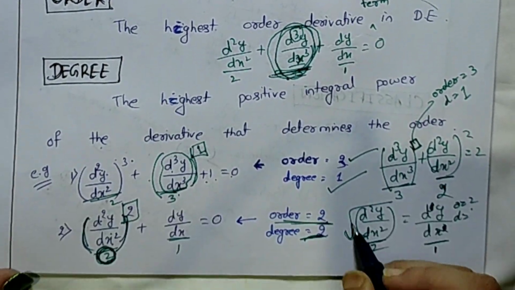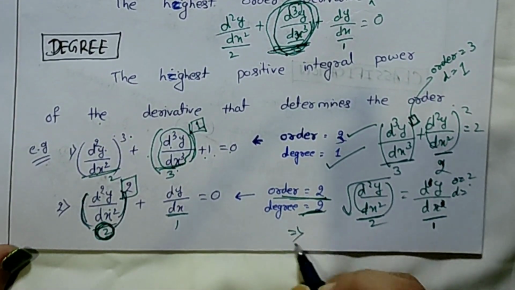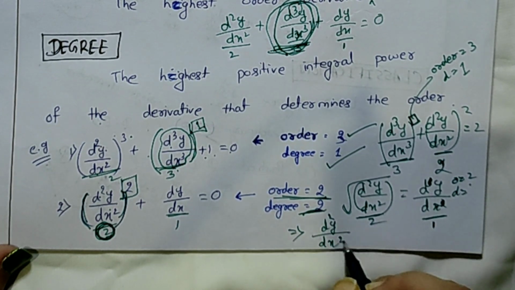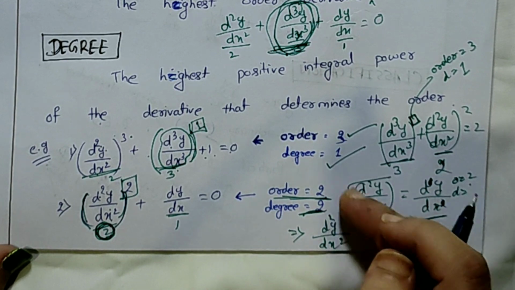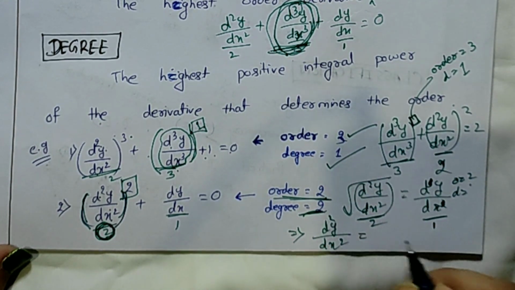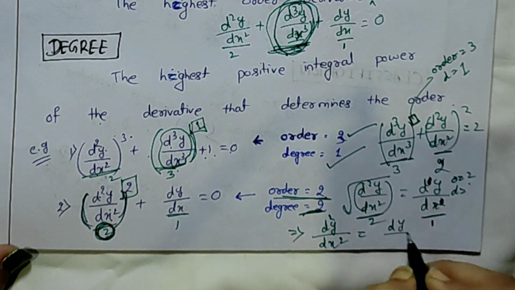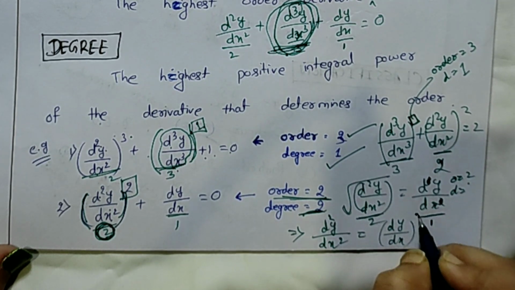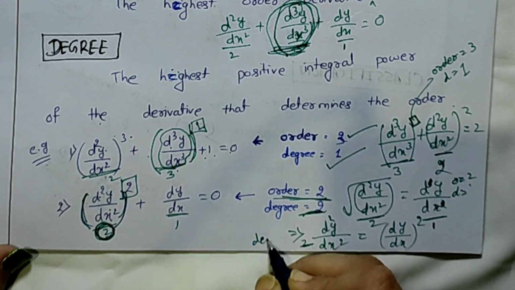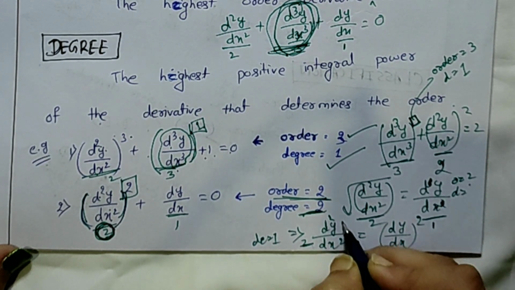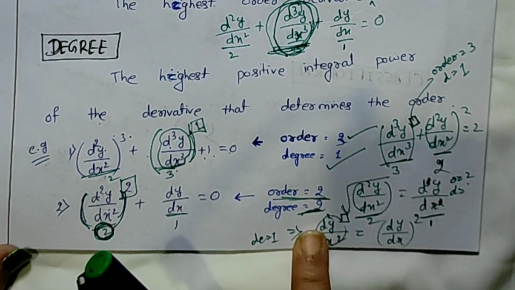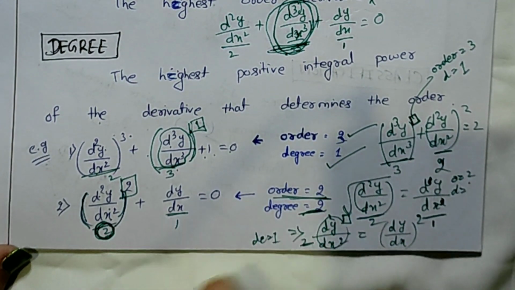So I have to solve this equation: d square y by dx square, omitting this square root and taking square on both sides, is equal to dy by dx whole square. Now order is 2 and degree is 1. The term which determines the order, the power of that term is the degree. Now this is an integral power, so I can write degree is 1.